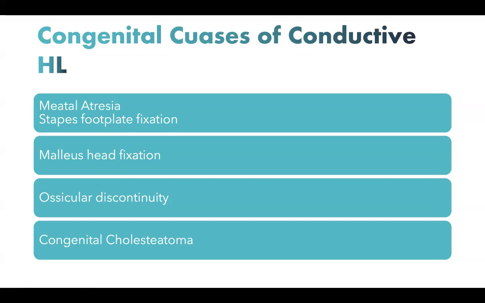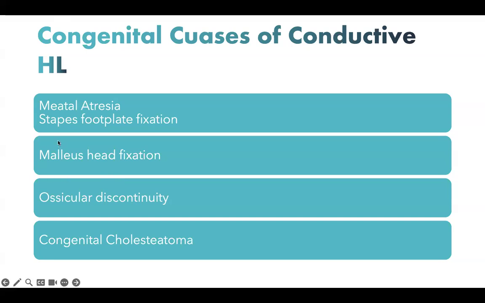So meatal atresia. Meatal atresia is when the external auditory canal does not develop embryologically, so it's atretic, so it's not recanalized. So basically the patient doesn't have an external auditory canal that is canalized, it's solid.